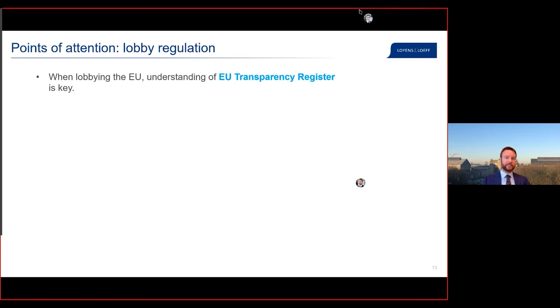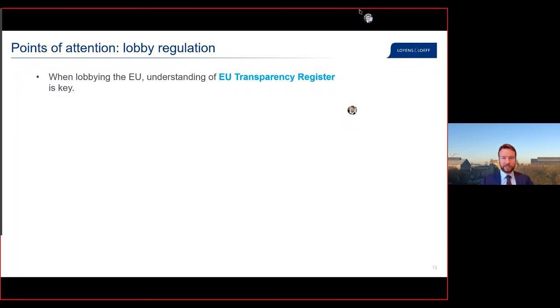The idea is that the public, which thinks that lobbying is suspicious, can consult that register and get more transparency on which entities are lobbying, what they are doing, and how much they are spending on lobby campaigns.